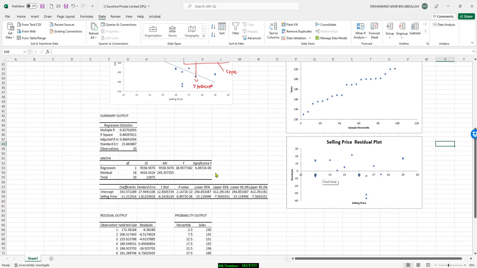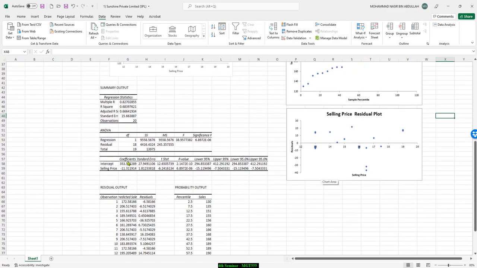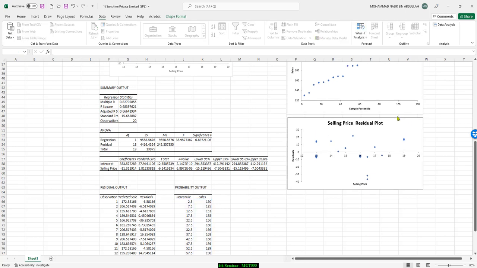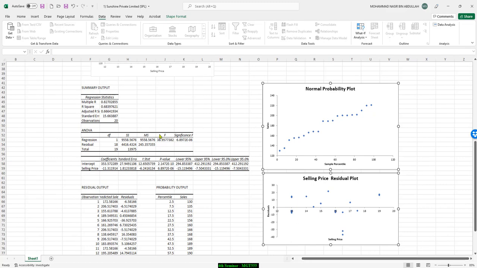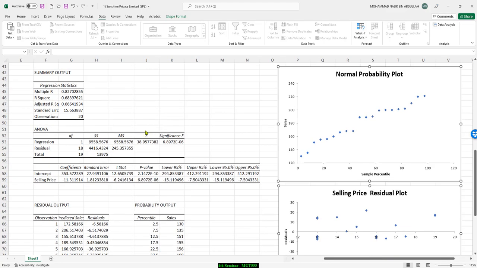Okay. So now dalam Excel ni dia akan bagi 1, 2, 3, 4, 5 table and 2 plot. Boleh nampak this one? Okay. So if you are doing with me, you akan dapat benda yang sama.